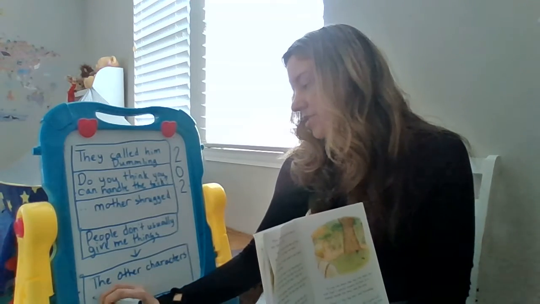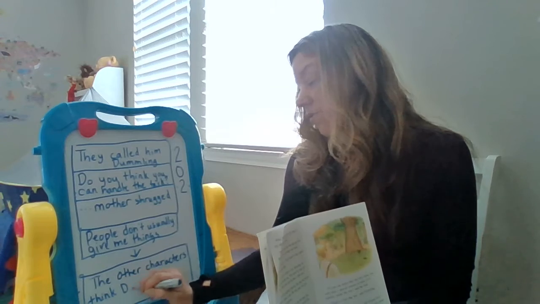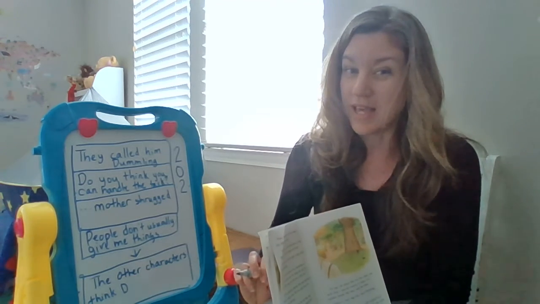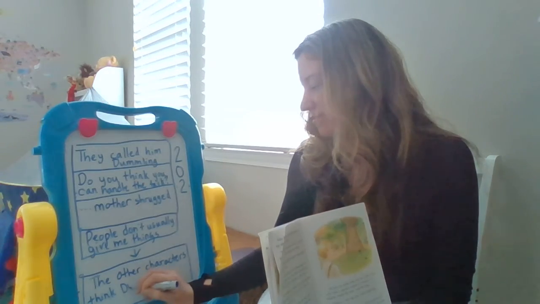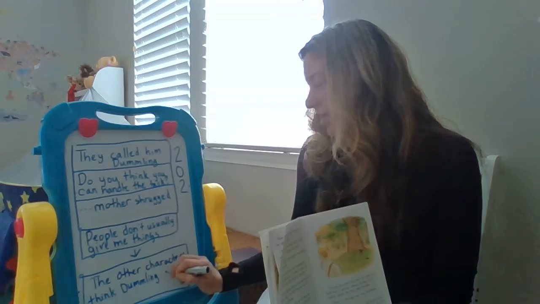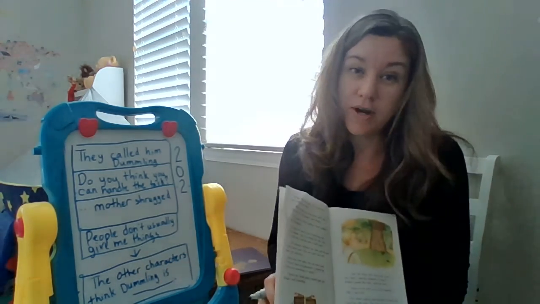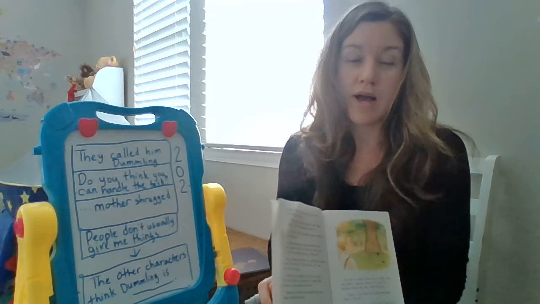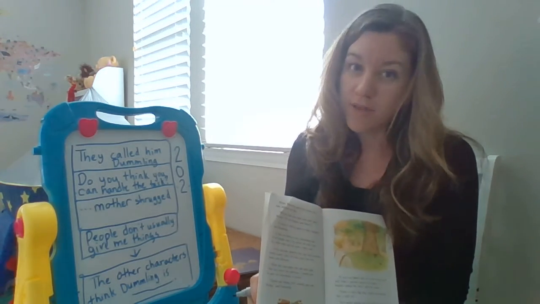The other characters think Dummling, or if you want, you can flip to the end and see what his actual name is. And fill it in with an adjective. What did they think of him? What kind of adjective or describing word would they use to describe him? Fill that in for yourself.